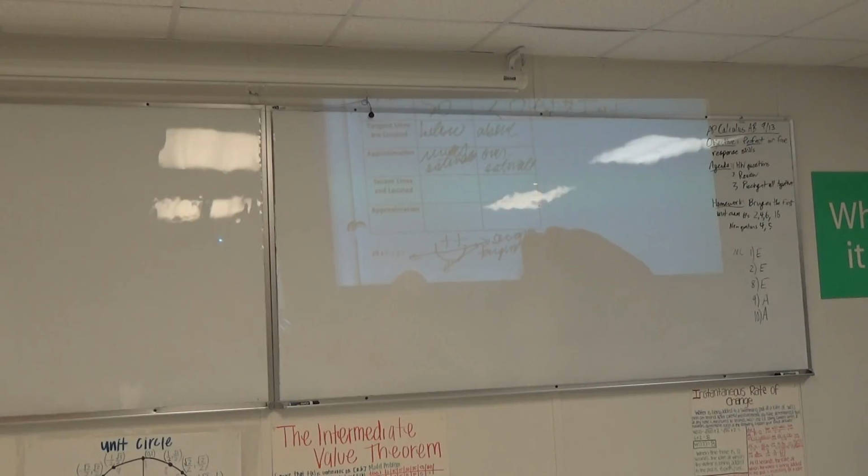Secant line. Where does that secant line live? Between those 2 points where we're intersecting the curve, the secant line is actually above the curve, not below the curve like the tangent line is. For concave up, tangent lines are below, but secant lines are above.